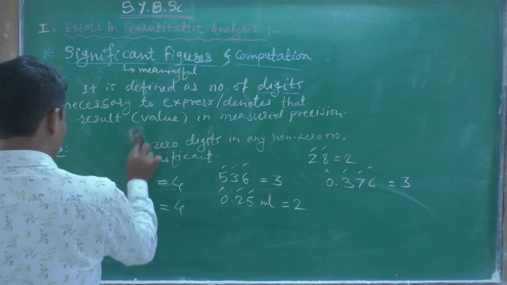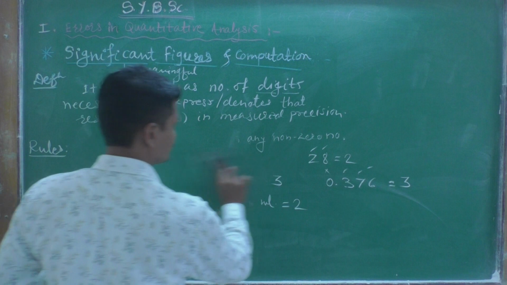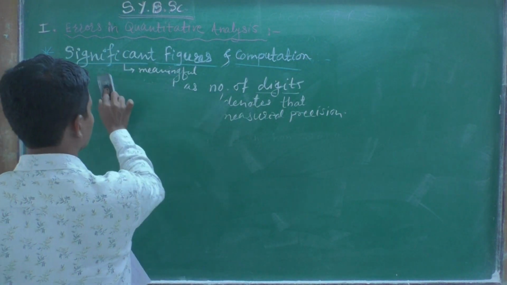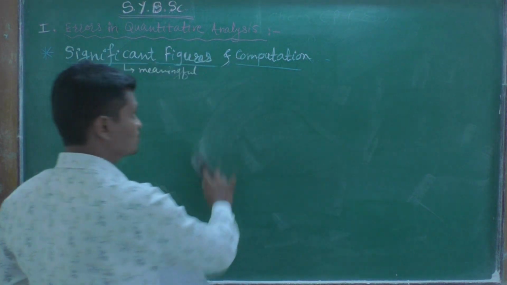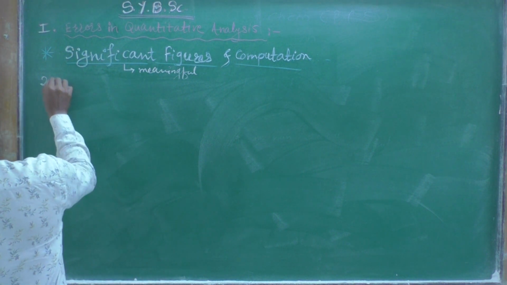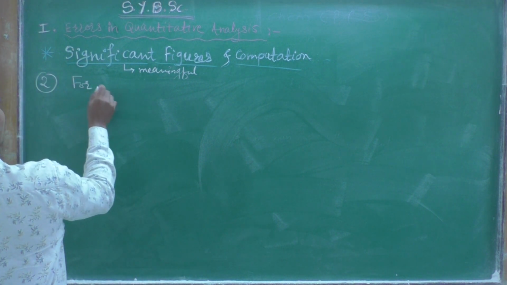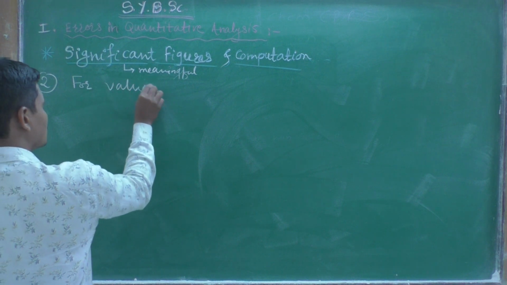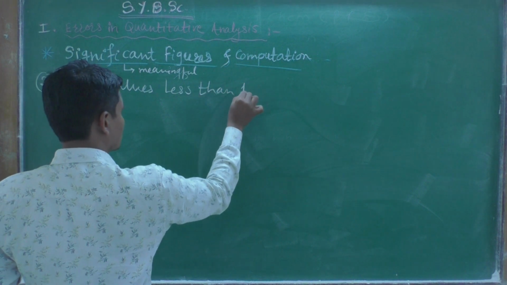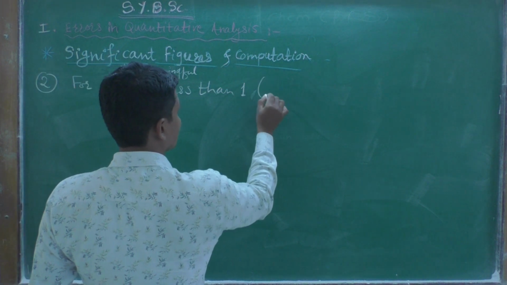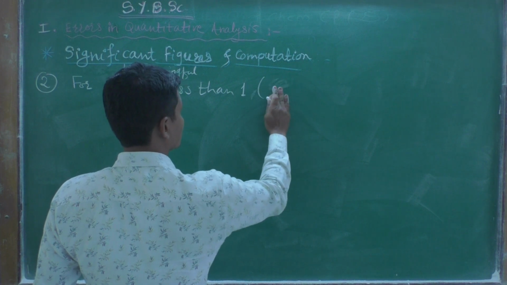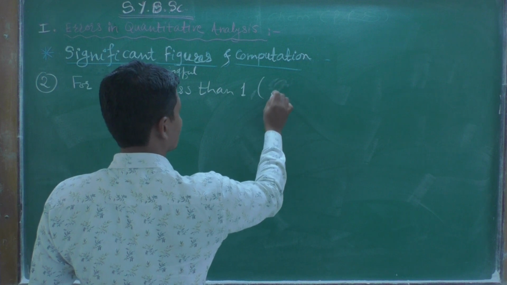Then let us see rule number 2. Rule number 2 is related to values which are less than 1, in bracket, less than 1.